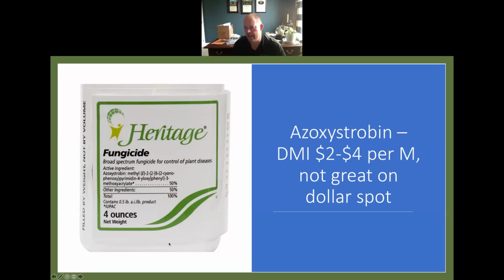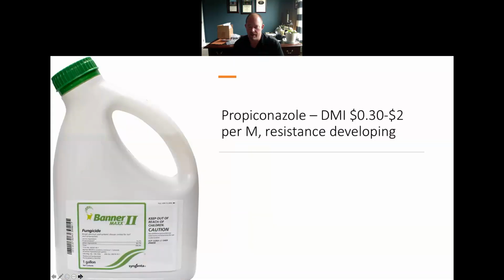The one caveat with this product is it's really weak on dollar spot. So usually in a turf setting, we're using it in combination with a DMI because it's just not great on it.